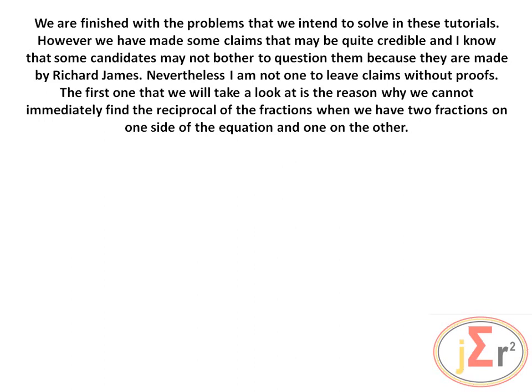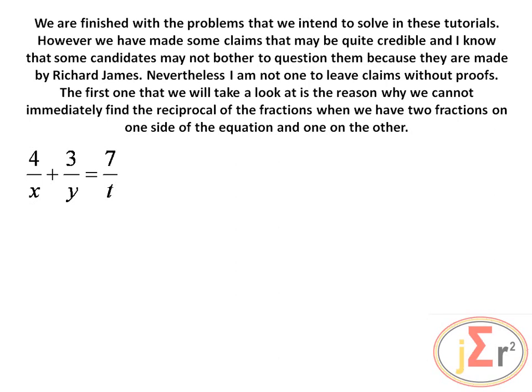The first one that we will take a look at is the reason why we cannot immediately find the reciprocal of the fractions when we have two fractions on one side of the equation and one on the other. So if we have this situation, we cannot immediately invert these fractions because we actually intend to invert in order to make t the subject.